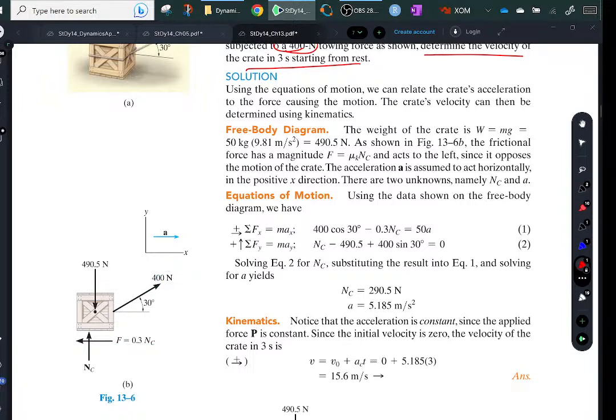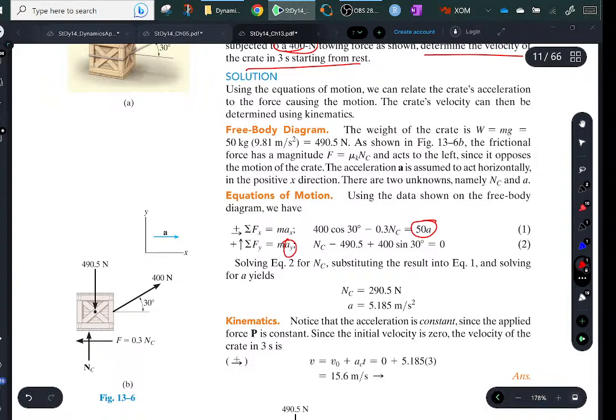Last time you had zeros here. Now you have the mass of 50 times the acceleration in the x. The acceleration of the y is not going this way or that way.